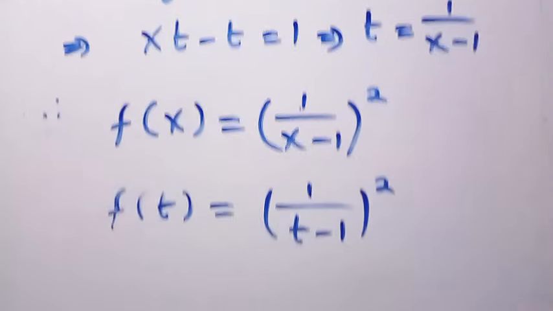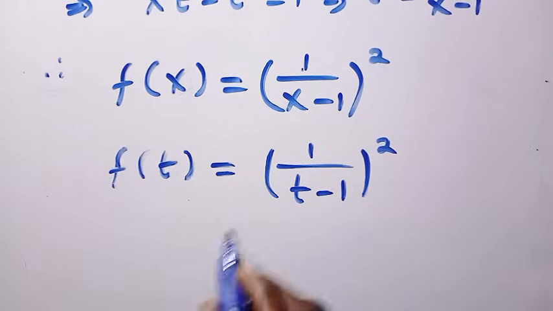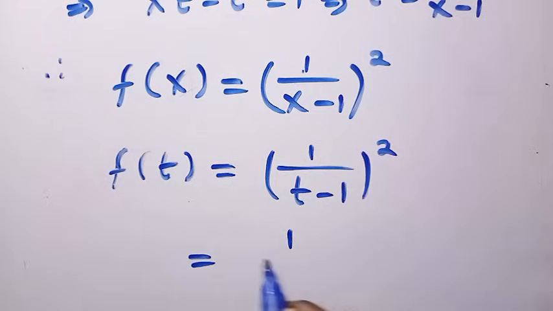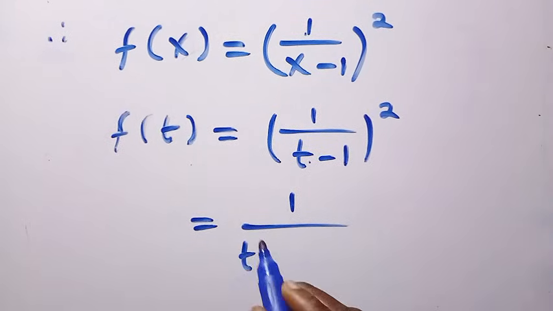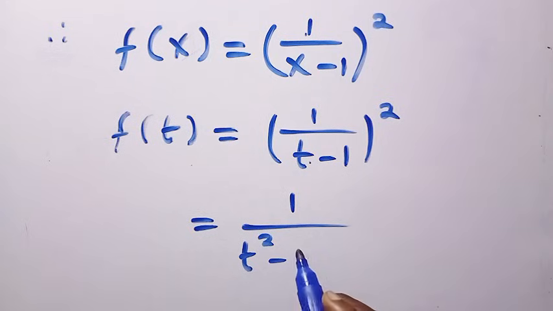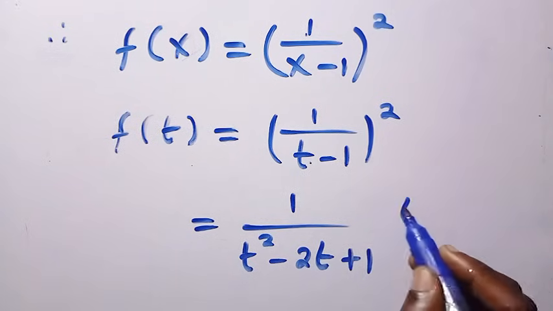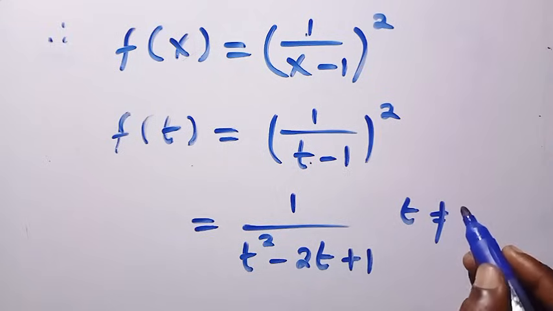If we like, we can just say we expand this denominator as 1 over t minus 1 squared. And t minus 1 squared gives us t squared minus 2t plus 1, as t also is not equal to 1.